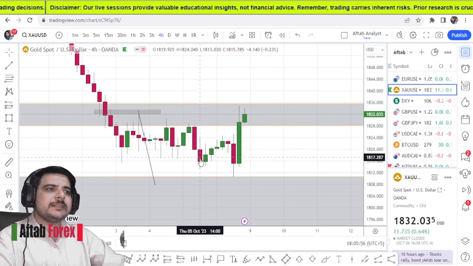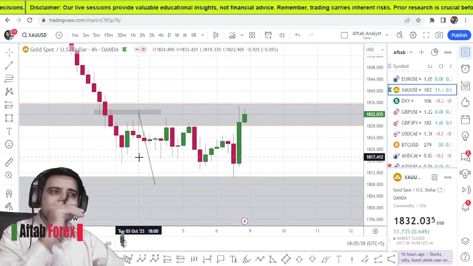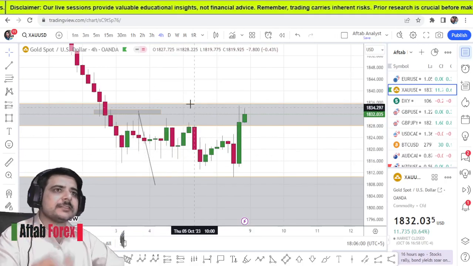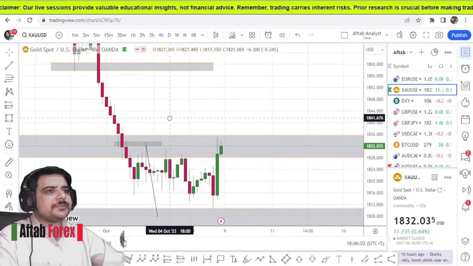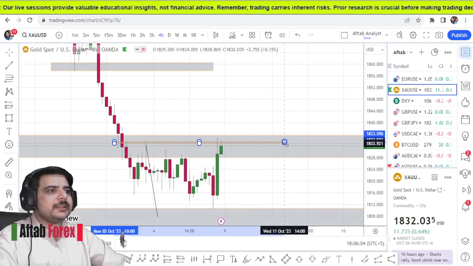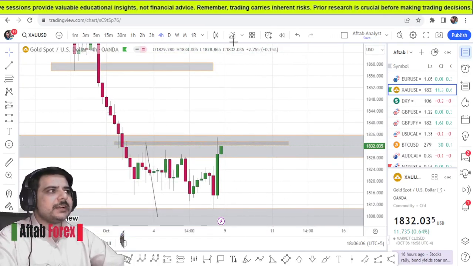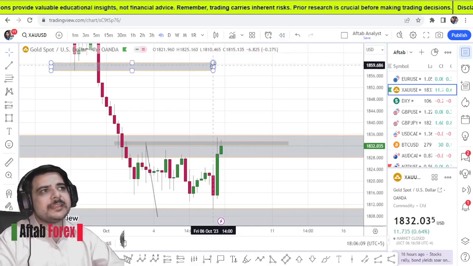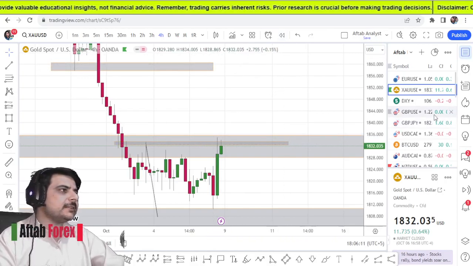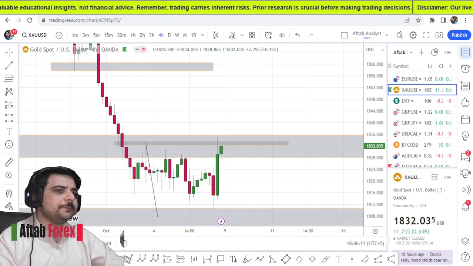This level, this level, this level, all of them in the day trading videos I have discussed. So fantastic trade opportunities. Now there is a level and I will be waiting for its breakout towards 1860, and then from there I can plan a sell trade opportunity.